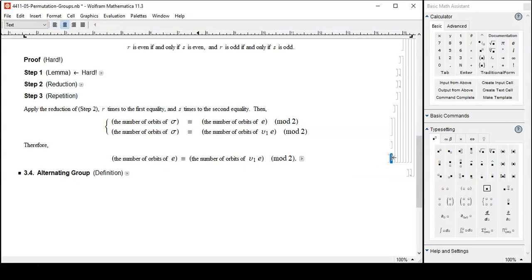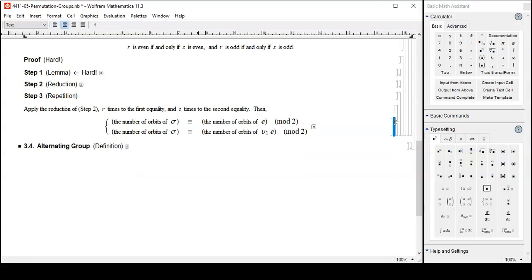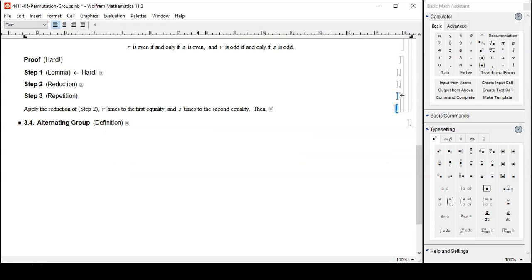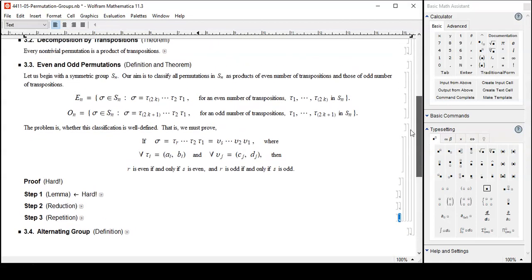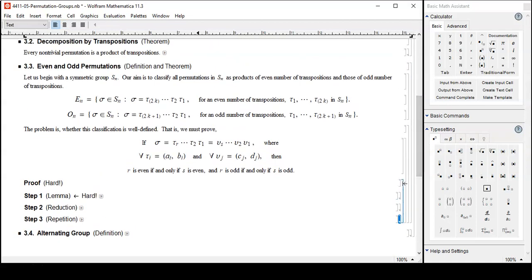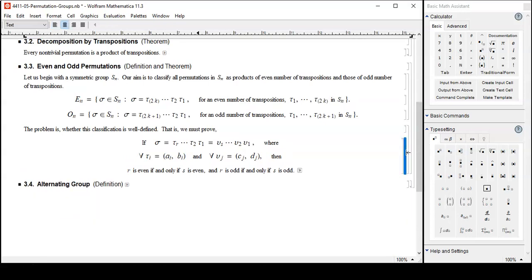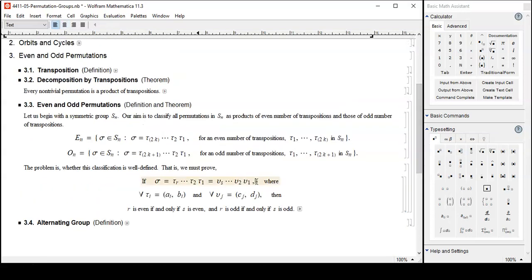There goes a contradiction. You see, the left-hand side and right-hand side must differ by 1. But from another angle, they have to be congruent modulo 2. Either 0 is congruent to 1 or 1 is congruent to 0. Either way, modulo 2, that's not right. There goes our contradiction. In other words, even and odd number of decomposition together is impossible.